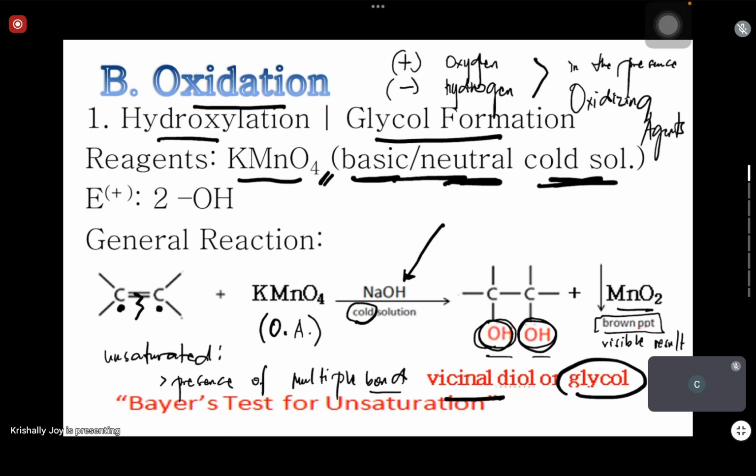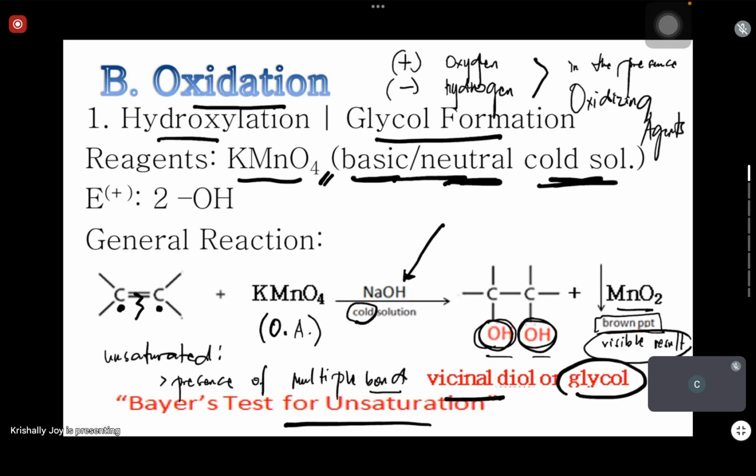So kung gusto na to i-test ang usa ka sample nga unsaturated ba talaga siya, then you can make use of this test. We call it Bayer's test for unsaturation. And again, visible result is yung color brown precipitate. Kapag naging brown colored yung precipitate, positive nga unsaturated yung sample.